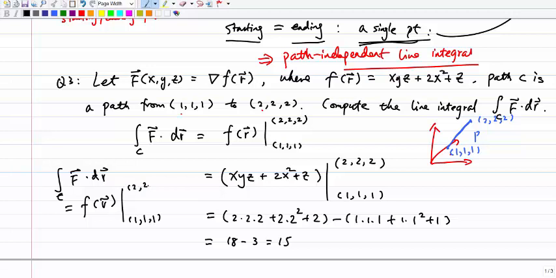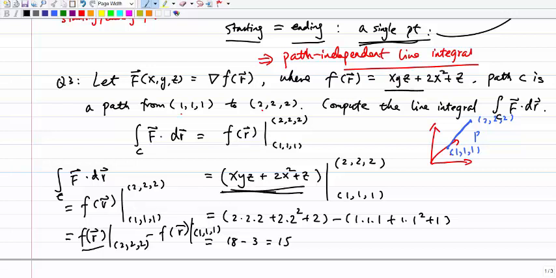Basically you do f(r) at (2, 2, 2) minus f(r) at (1, 1, 1). You just do the difference, okay? So we can use this directly, which means I just replace this f(r) by the scalar function that I have over here and evaluate at the (1, 1, 1) and (2, 2, 2) points.